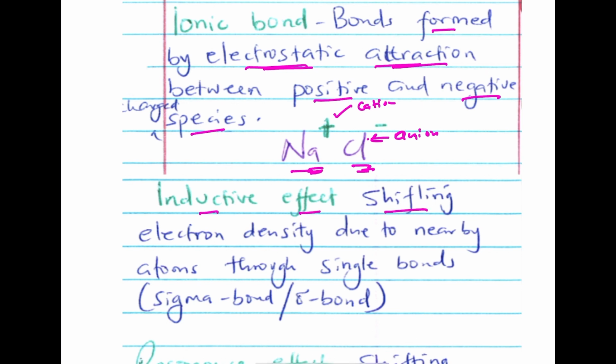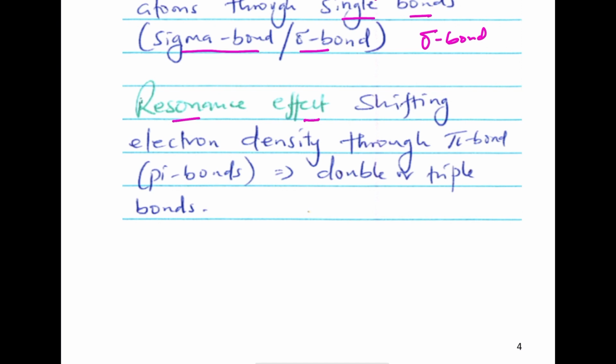Inductive effect. This refers to shifting of electron density through single bonds. So sigma bond, single bond. When electron density shifts through a single bond, we call that inductive effect. Resonance effect, on the other hand, involves shifting of electron density through a pi bond.